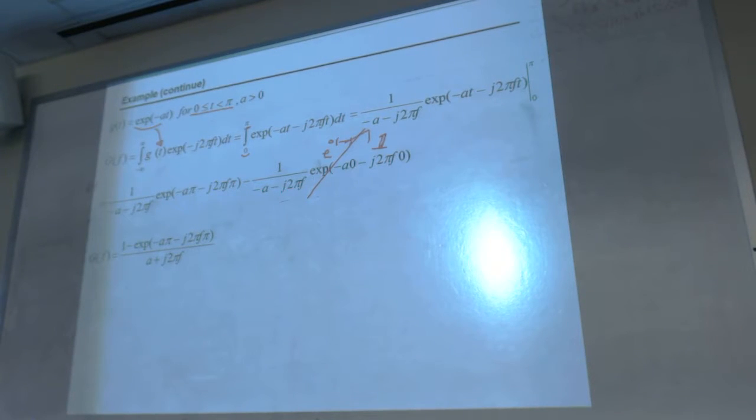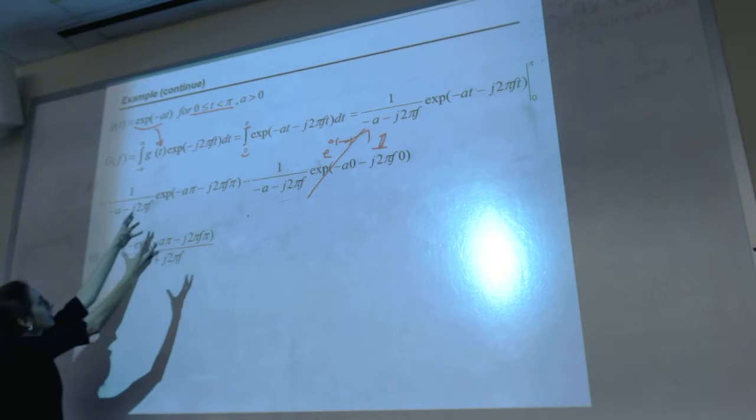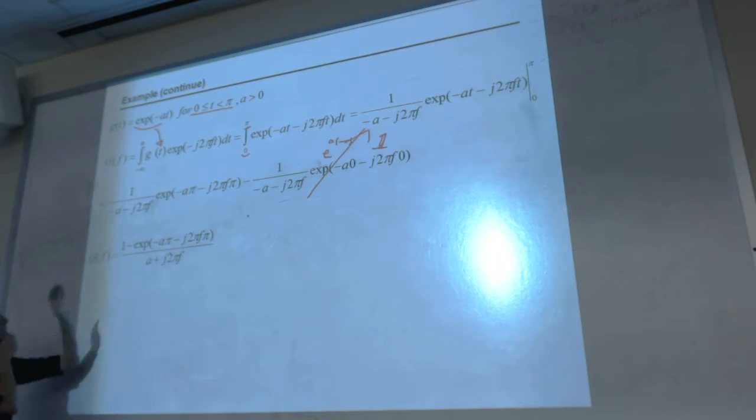If you put all of them together, e to the power of these comes exactly here, and then this term is here, and then you have a common denominator. So after this simple rearrangement, you are going to get this. Please do that at home. Very simple, but it's good practice. Okay, very good. So this is my G.